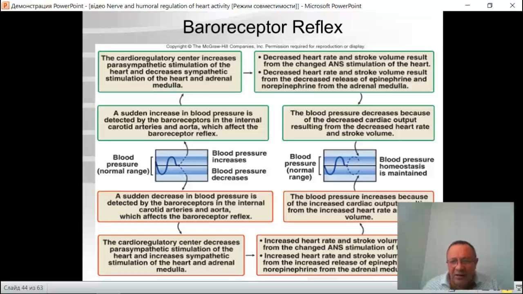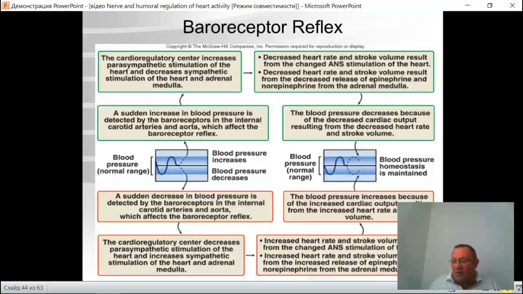Decreased heart rate and stroke volume also result from the decreased release of epinephrine and norepinephrine from the adrenal medulla. Result reaction: the blood pressure decreases because of the decreased cardiac output, resulting from the decreased heart rate and stroke volume.